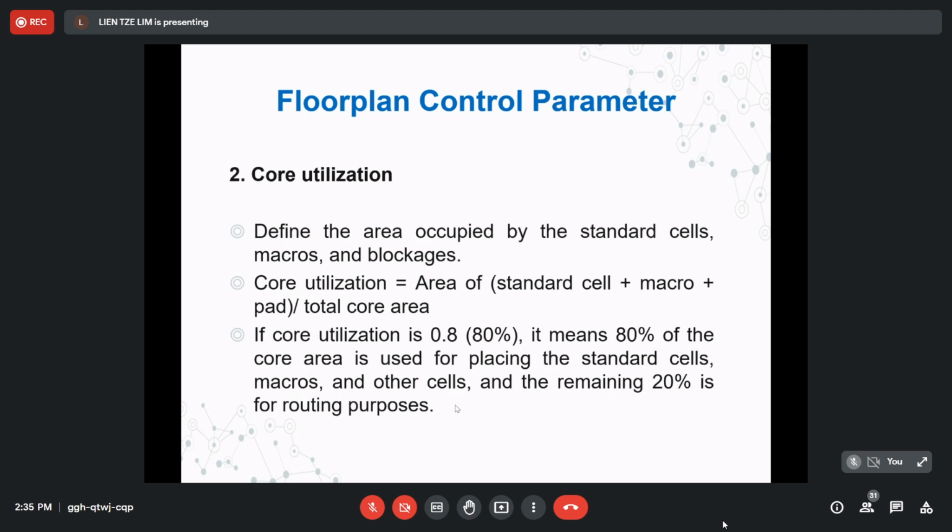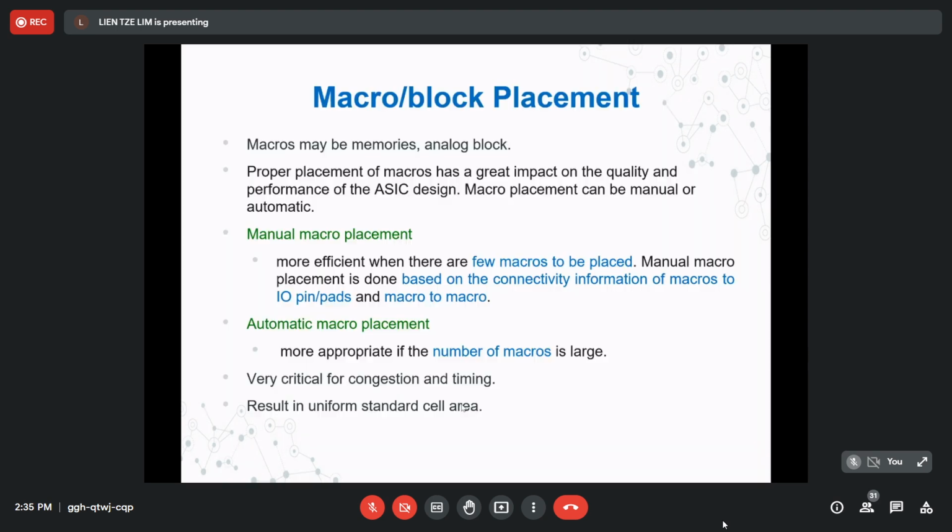Then, macro block placement. Macros may be memories, analog blocks. Proper placement of macros has a great impact on the quality and performance of the SoC design. Macro placement can be manual or automatic.